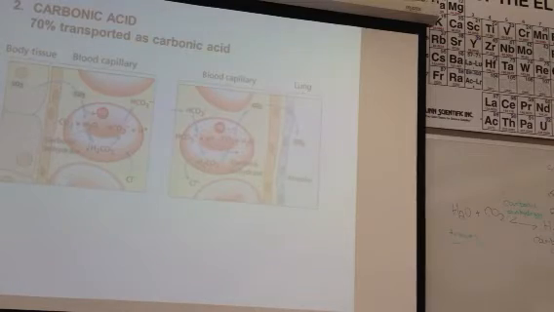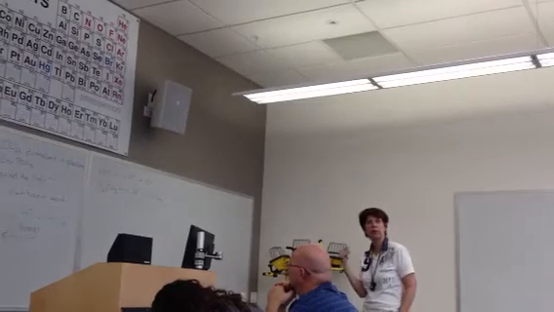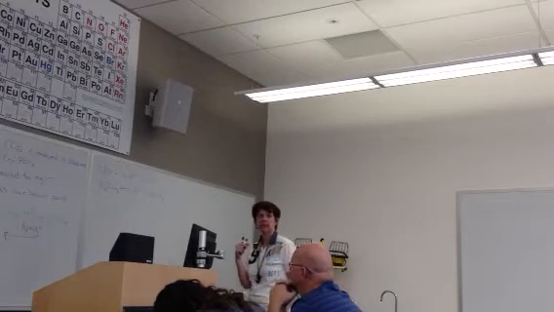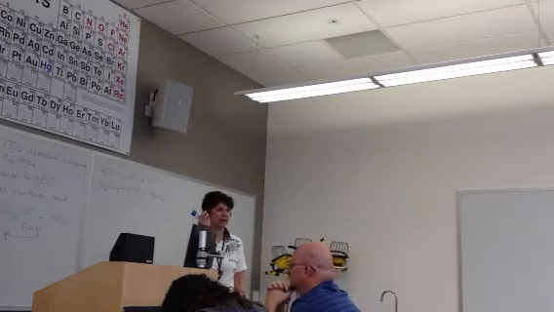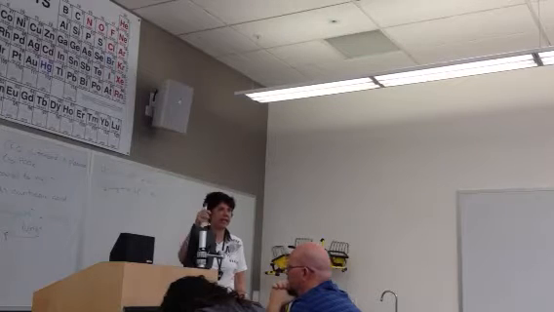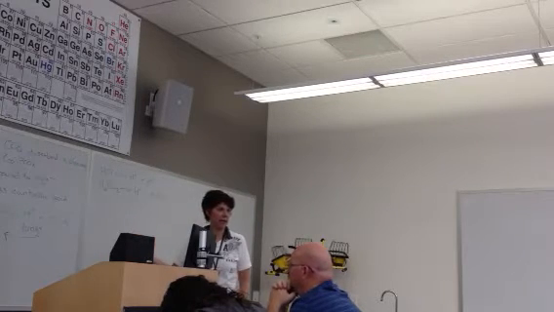Now, in some of our case studies, we've been looking at what was a normal PCO2 in the alveoli. So coming in from the body, the blood PCO2 is equal to 44, 45 millimeters of mercury, and leaving about 40.